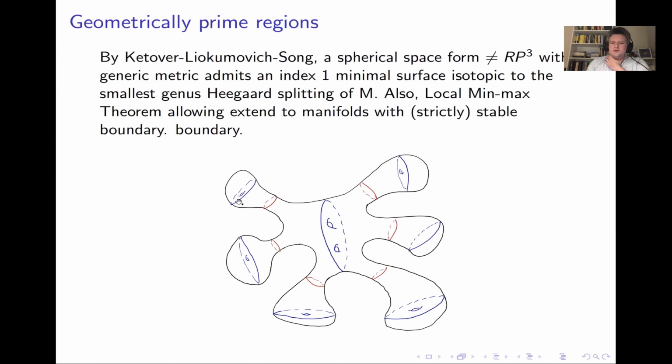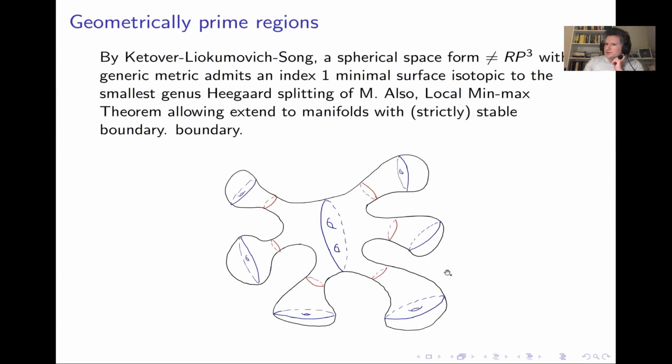Okay, so maybe here I get a torus on this bit. Here, if I apply this min-max theory, I get another torus, 1, 2. Maybe here in the middle, I get a genus 2 surface. There could be a possibility where I get another sphere. That's allowed. So this would be a stable sphere, and then here this would be a sphere of index 1. That's not a problem, and so on.